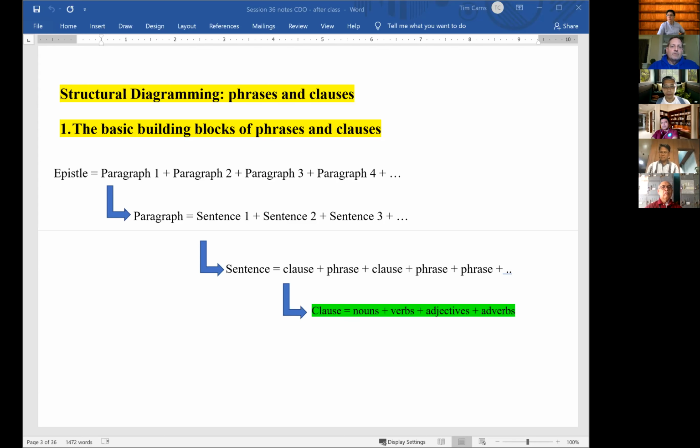For diagramming, remember that the key part is connecting these phrases and clauses together. I broke it down for you last week, and I wanted you to think big picture: you've got an epistle, say, or this could qualify for a poem as well.